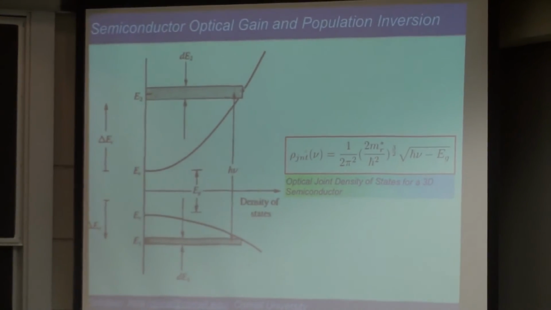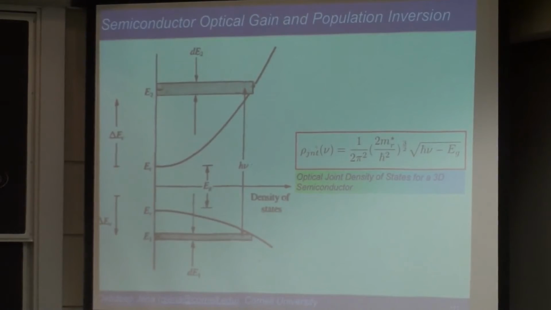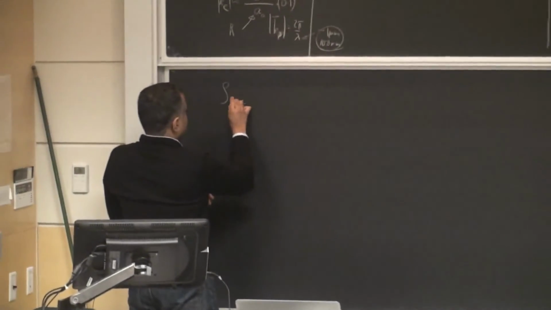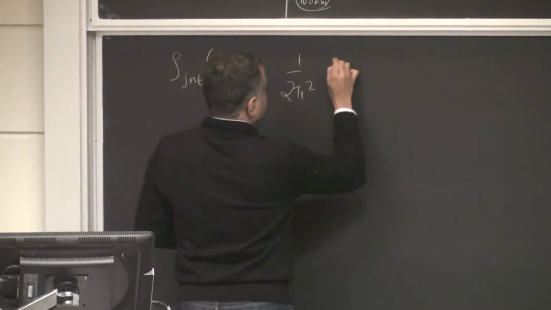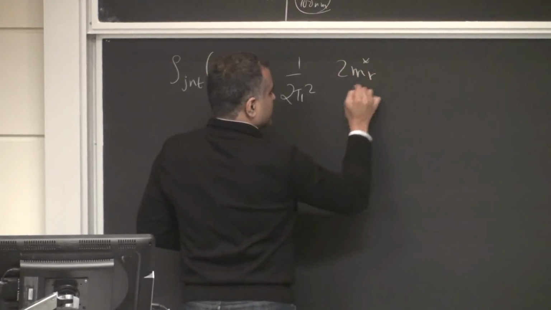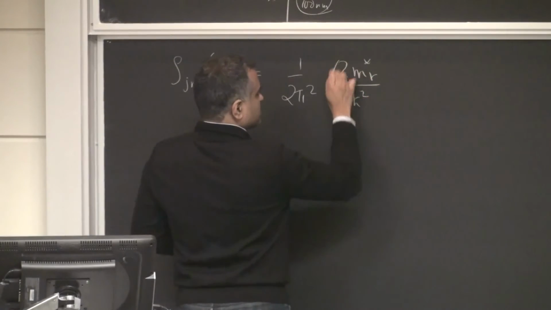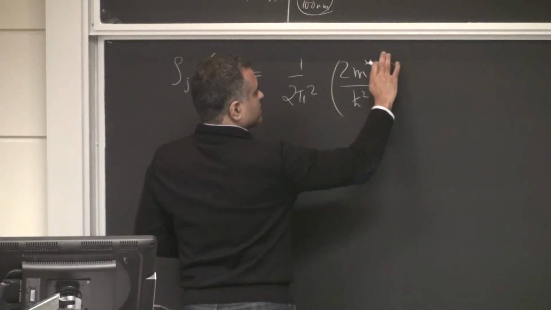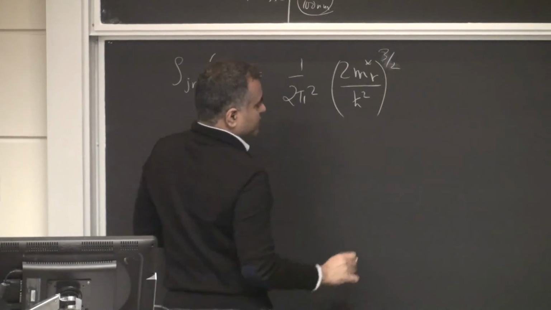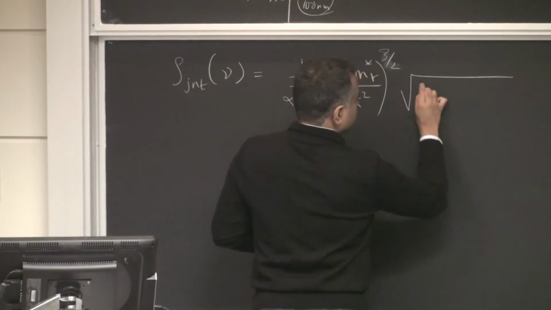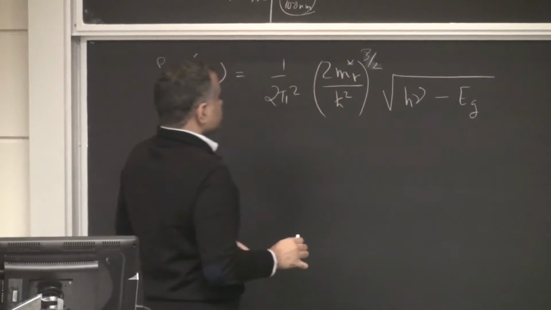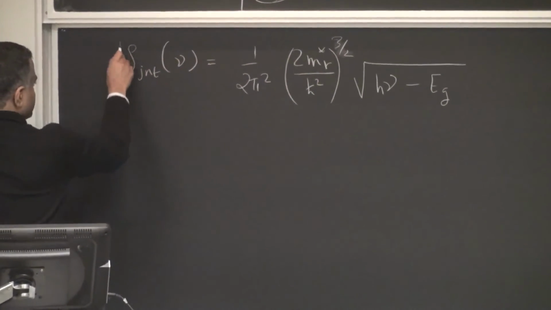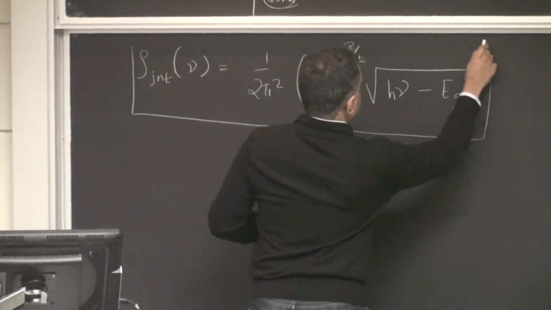So the joint density of states in the energy space, or the frequency space of photons, if you might, is: you have the reduced effective mass that we defined over Planck's constant squared, the whole thing to the 3/2 power. Then I have a square root of the photon energy minus the band gap. And that's all right. That's the joint density of states that we are after.